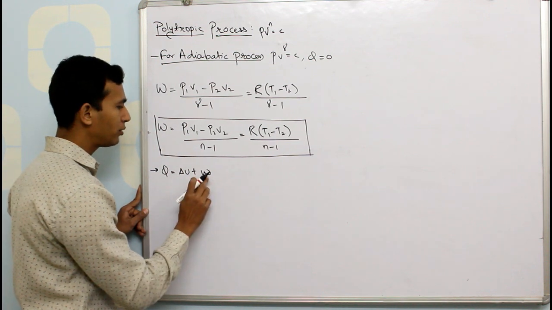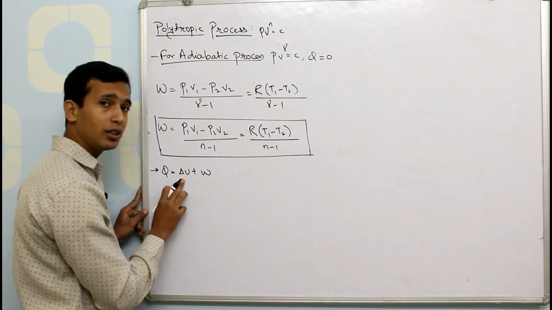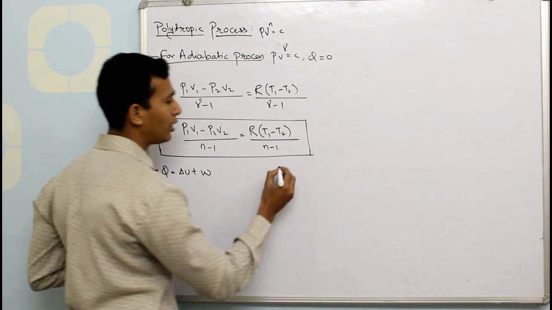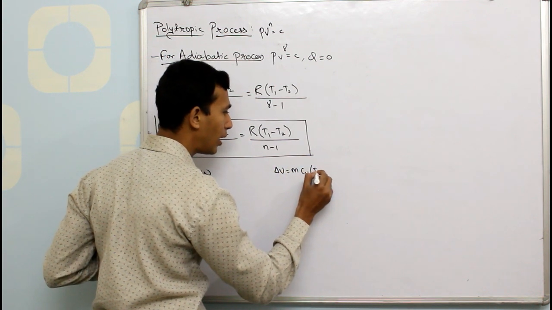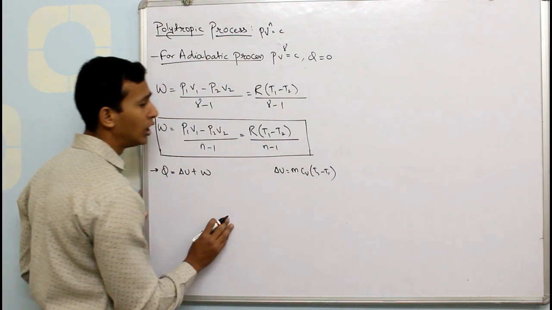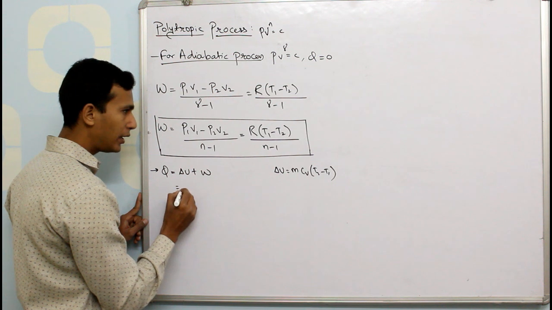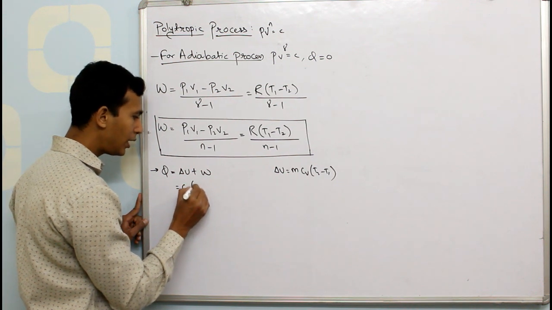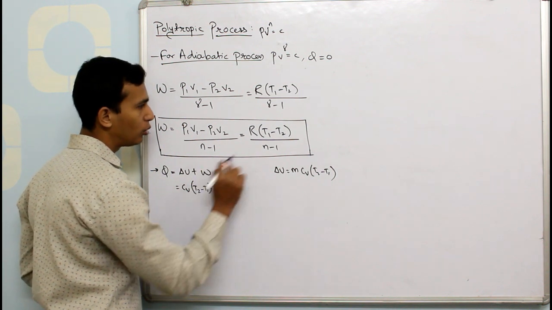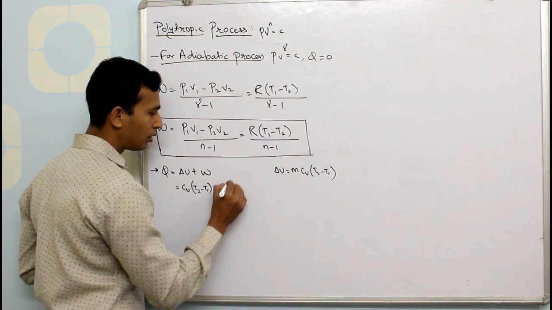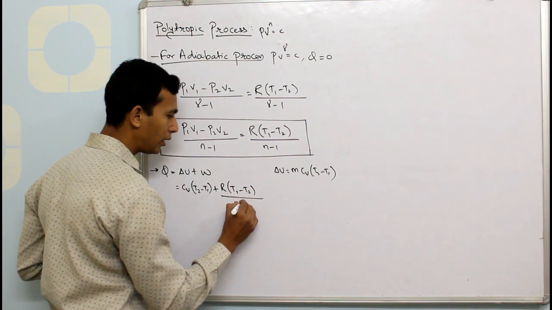For a polytropic process, W can be written as this, and delta U is nothing but the change in internal energy, that is delta U equals mCV into T2 minus T1. Writing this for a unit mass, m becomes 1. So here I can write it as CV into bracket T2 minus T1 plus, substituting the W from this, R into T1 minus T2 divided by n minus 1.